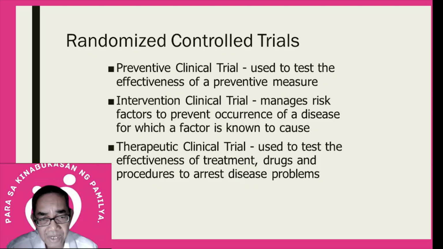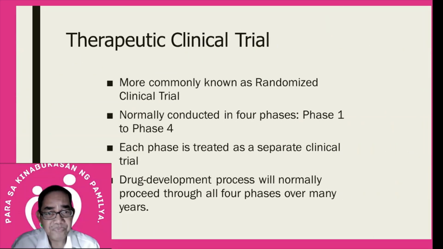A therapeutic clinical trial is used to test the effectiveness of a treatment, drug, procedures to arrest the disease problems. Now, let's talk of a therapeutic clinical trial, and it is most commonly known as a randomized clinical trial, many times a randomized controlled clinical trial.